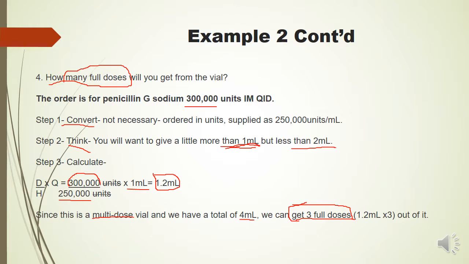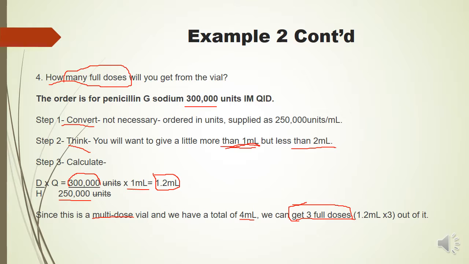We want to give a little more than a mil, because we know 300 is bigger than our 250, but it's going to be less than 2 mils. So let's calculate it out. The doctor ordered 300,000, put it over top of our 250,000 in 1 mil. This time, we're going to need 1.2 mils per dose.